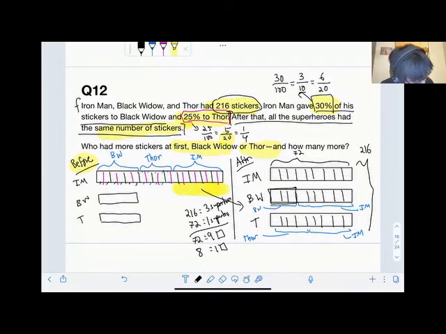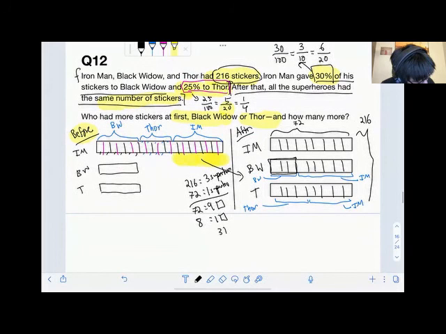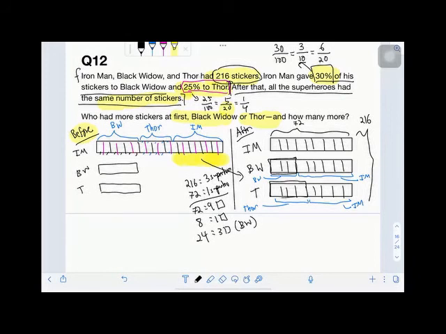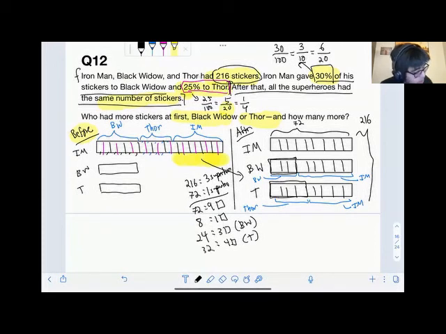Okay. So 3 boxes ni Black Widow is 24. At saka kay Thor, 4 po yung box niya. 32 po. 32. Okay. So, sino yung may mas maraming stickers sa una-una? O si Thor po. At yung how many more is? 8 po. Ayun. Tama. Very good.